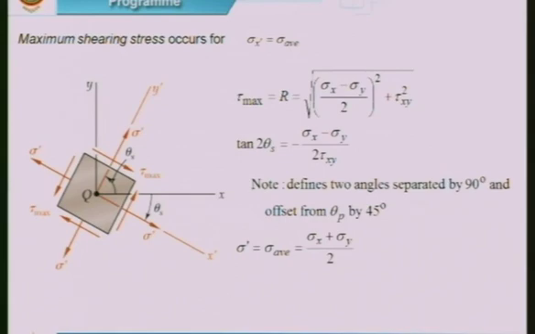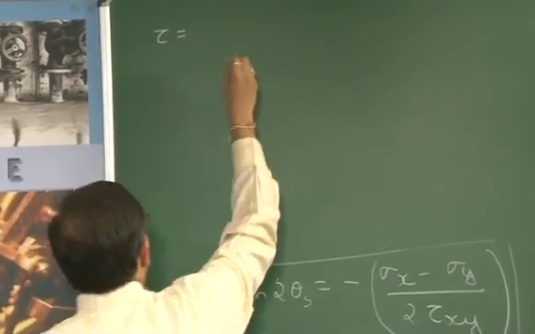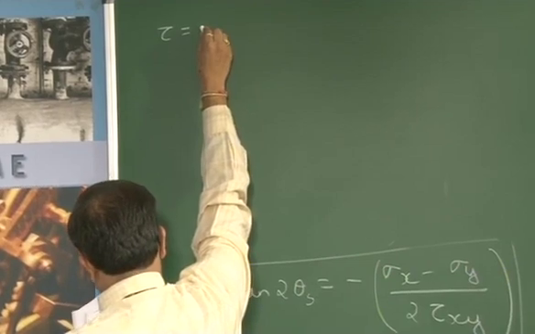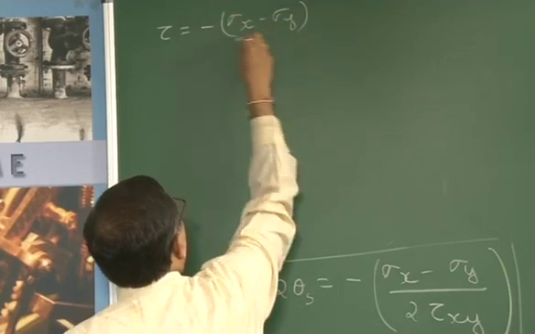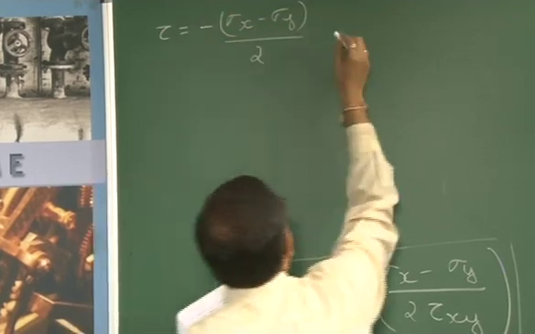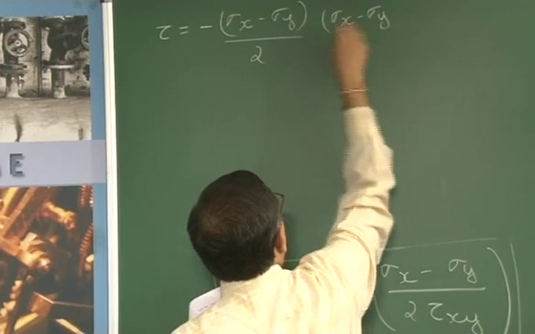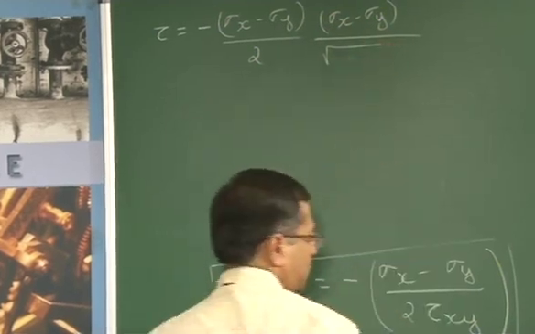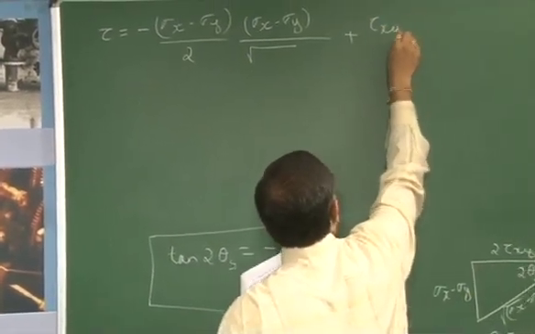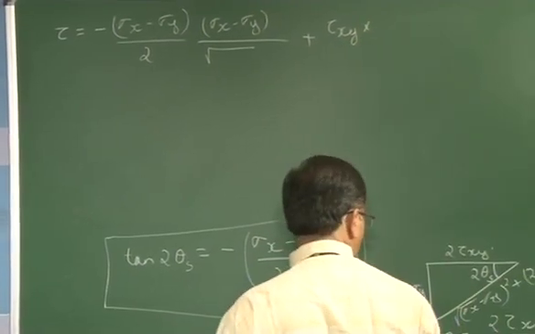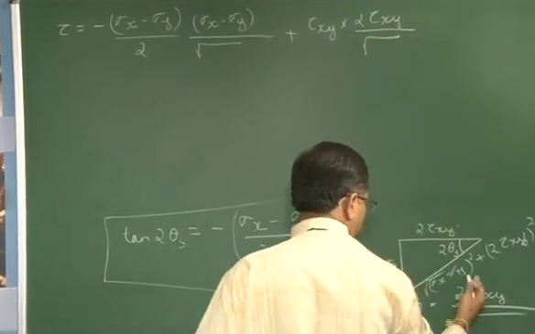So to get the shearing stress value, we have this equation: tau equals minus sigma x minus sigma y divided by 2, into sigma x minus sigma y divided by whatever root is there, that is because of this sin 2 theta, plus tau xy into cos 2 theta. Cos 2 theta is given by this expression, which is 2 tau xy divided by root whatever is there here.